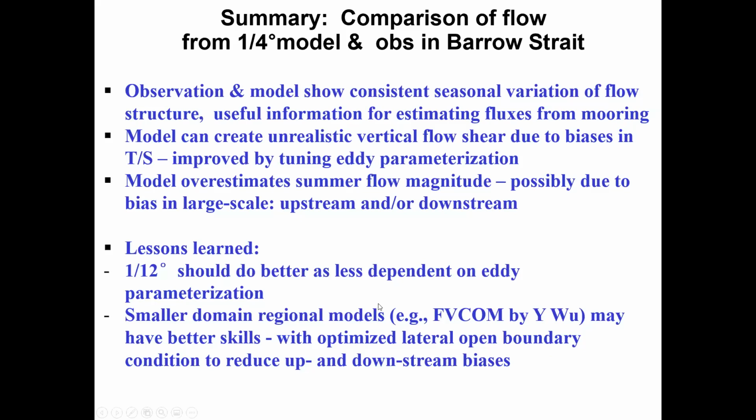The conclusion is that the model has some skill, but it's not perfect. Tuning the eddy parameterization helps, since the quarter degree doesn't really resolve the mesoscale eddies. So these are the lessons.